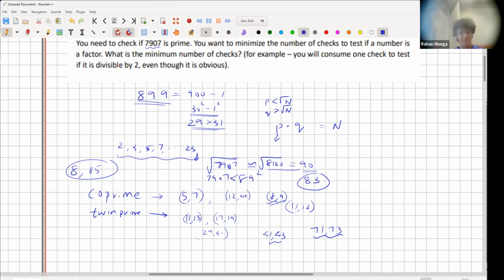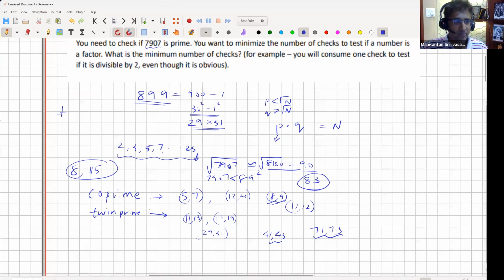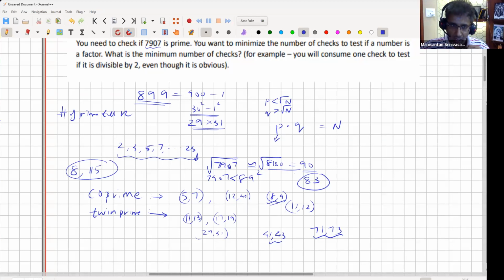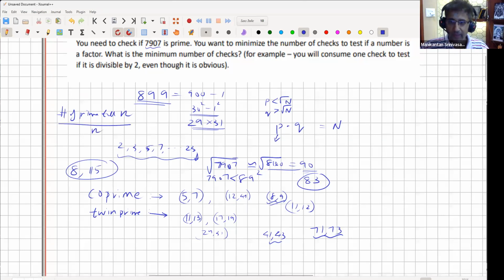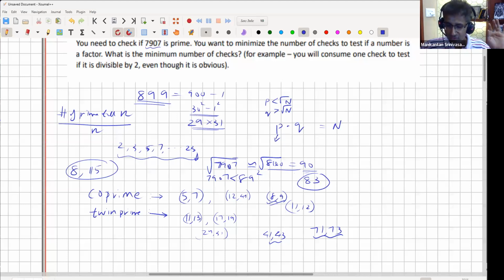The number of primes is actually very interesting. I forget the exact thing, but consider the number of primes till n, for large n. Let's say you want to look at the fraction of numbers which are prime.